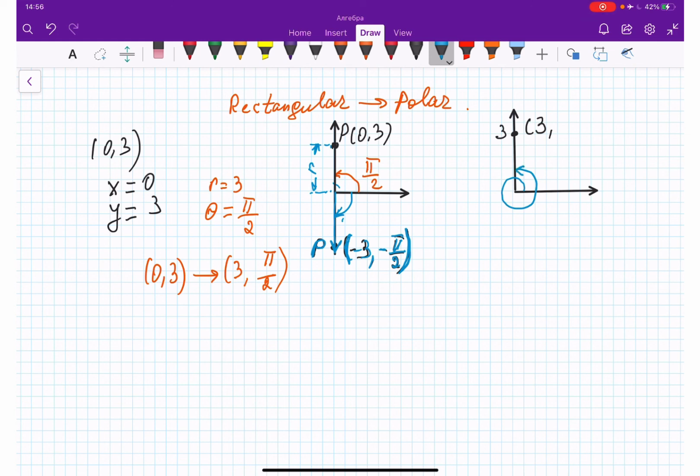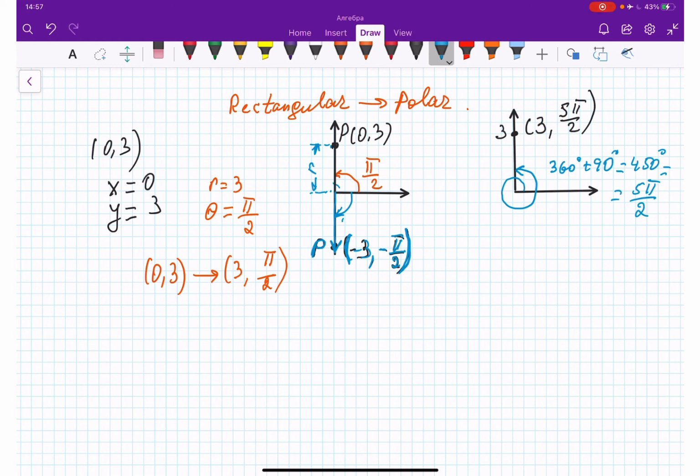So this is going to be 360 degrees, plus 90. And this is going to be 450 degrees, which if you convert it, is 5 pi over 2.